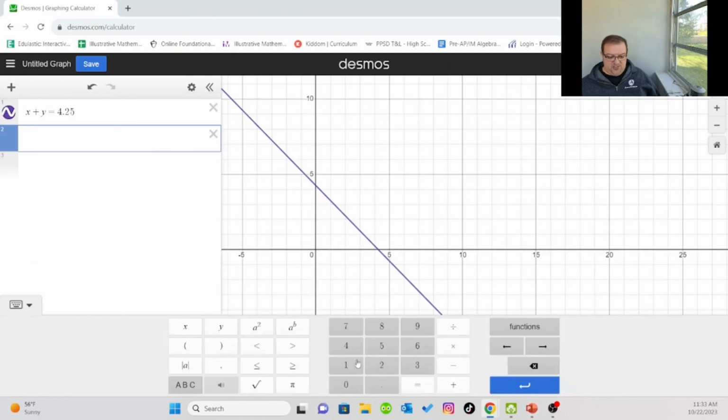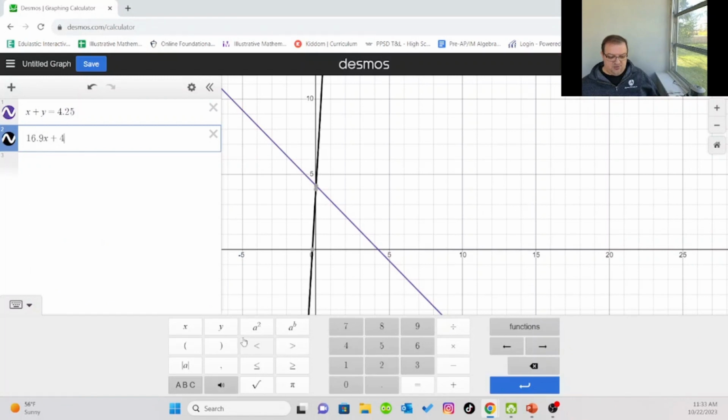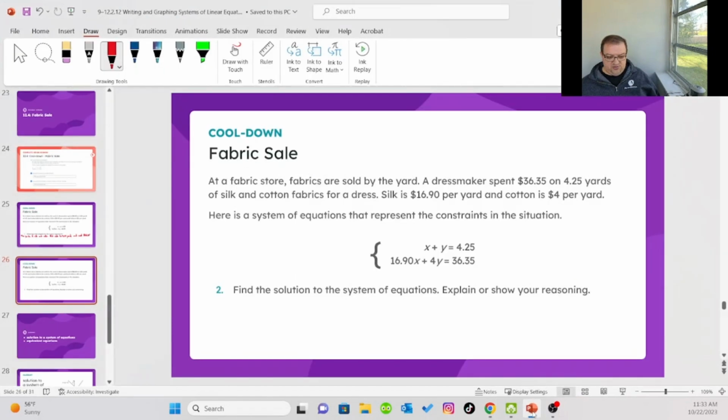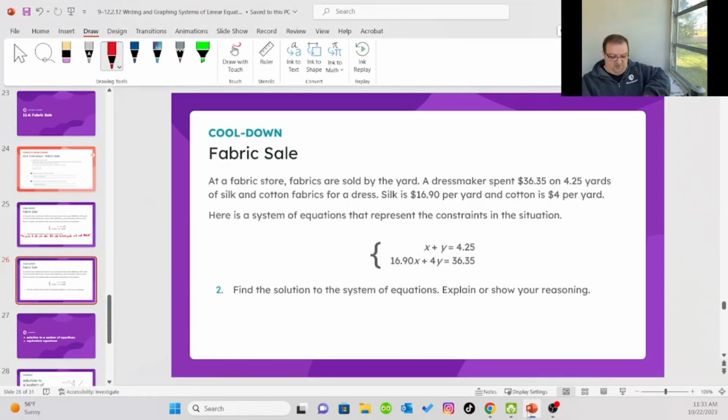Then we have $16.90 per yard of silk plus $4 per yard of cotton equals $36.35. So the solution is the point at which these cross. And they cross at 1.5, 2.75.